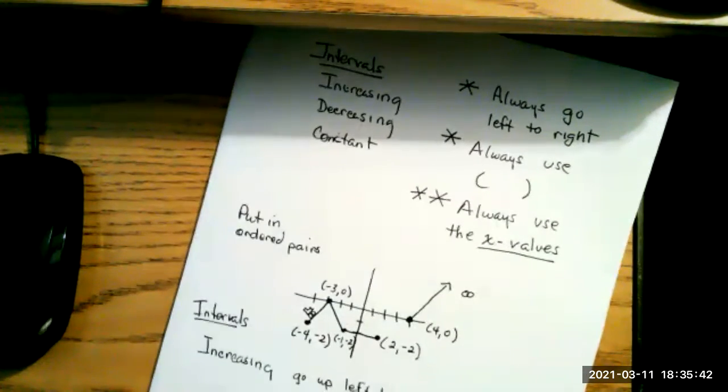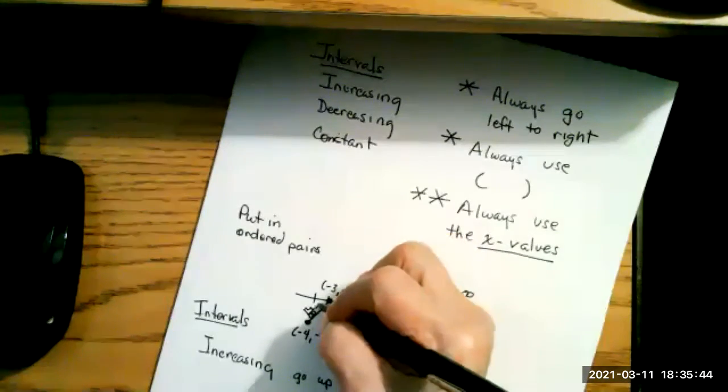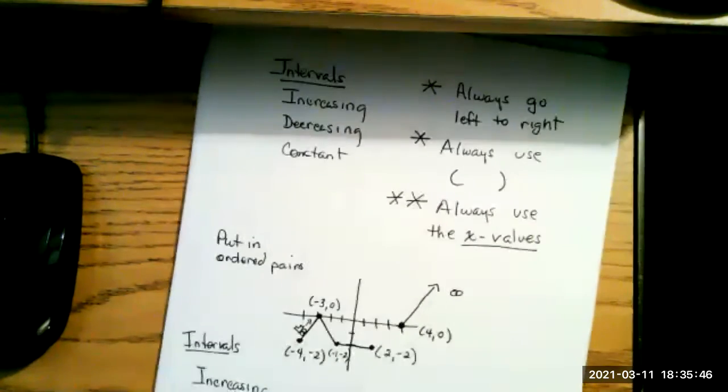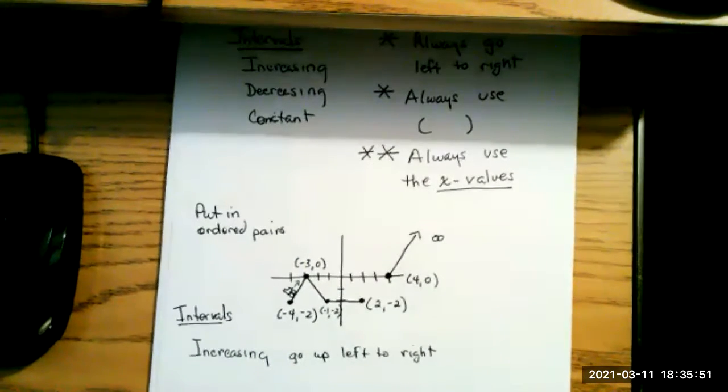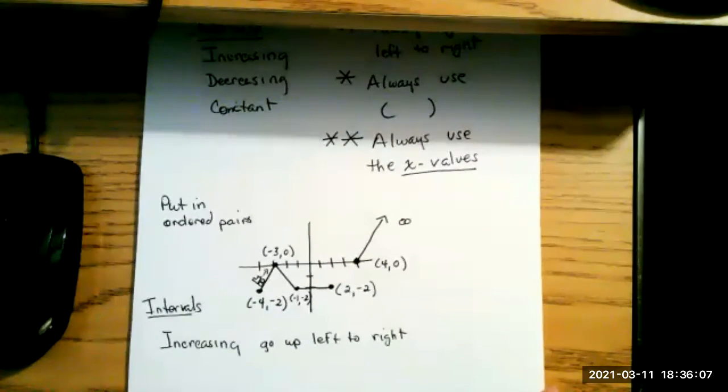That little car left to right is going uphill. Do you see that? See how my little car is going uphill left to right? Yes. So if it's going uphill left to right, it is increasing.